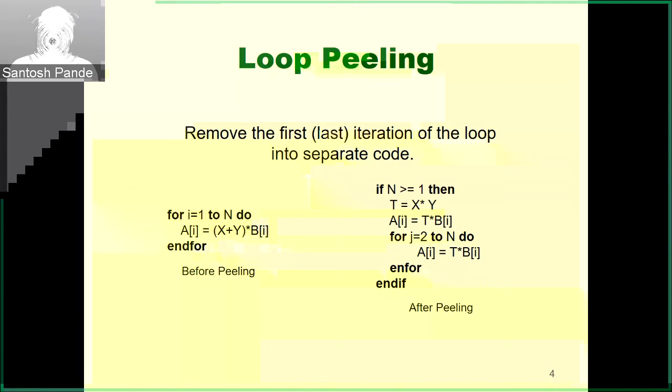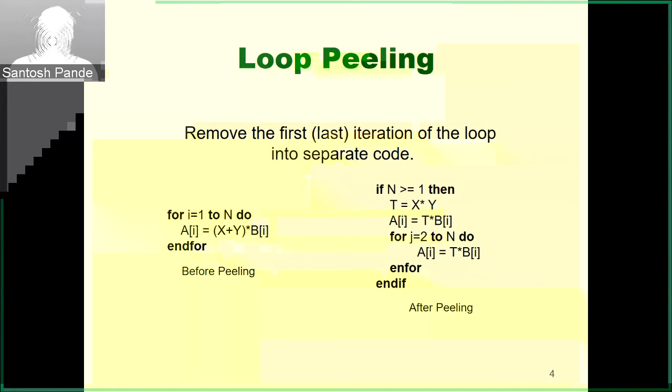We will generate the loop invariant here, which is x plus y, save that into t, and we'll execute the first iteration outside, and then from second to n, we will just use the t there, and we'll just execute the rest of the loop.